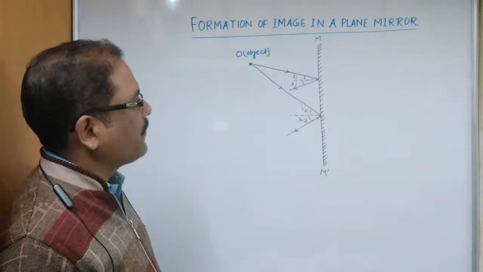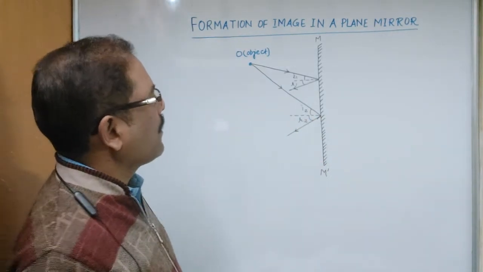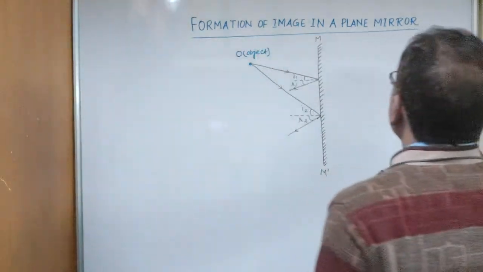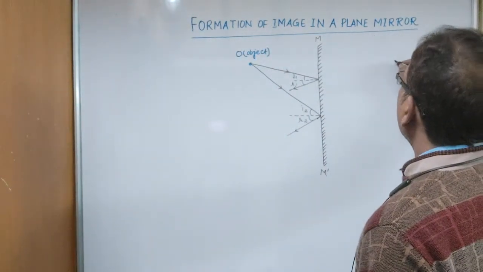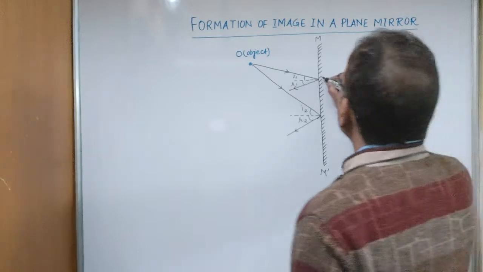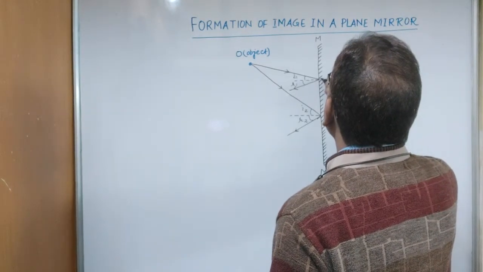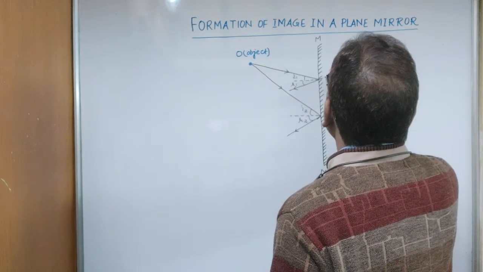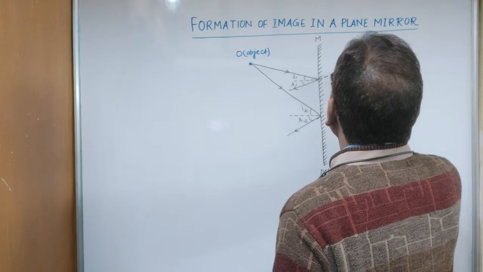Now the two reflected rays are not meeting at a point. So you have to produce these rays backward.